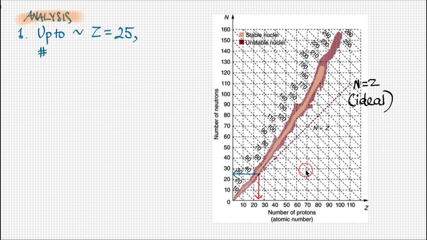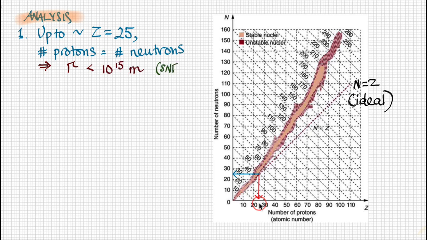So up to about Z equals 25, we say the proton number is equal to the neutron number. So the radius of the nuclei in these atoms is below the strong nuclear force range. Our radius is less than about 10 to the minus 15 meters.